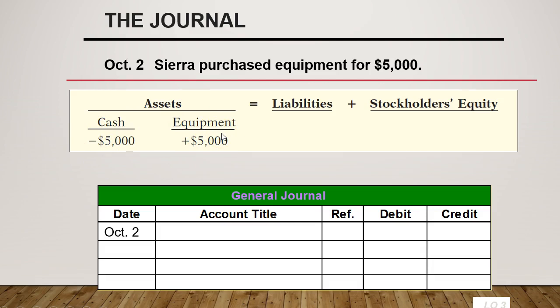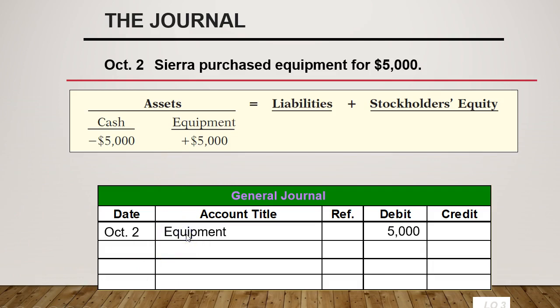The equipment account is going to increase. Assets increase on the debit side. Cash is decreasing. Cash is an asset. Asset accounts decrease on the credit side.